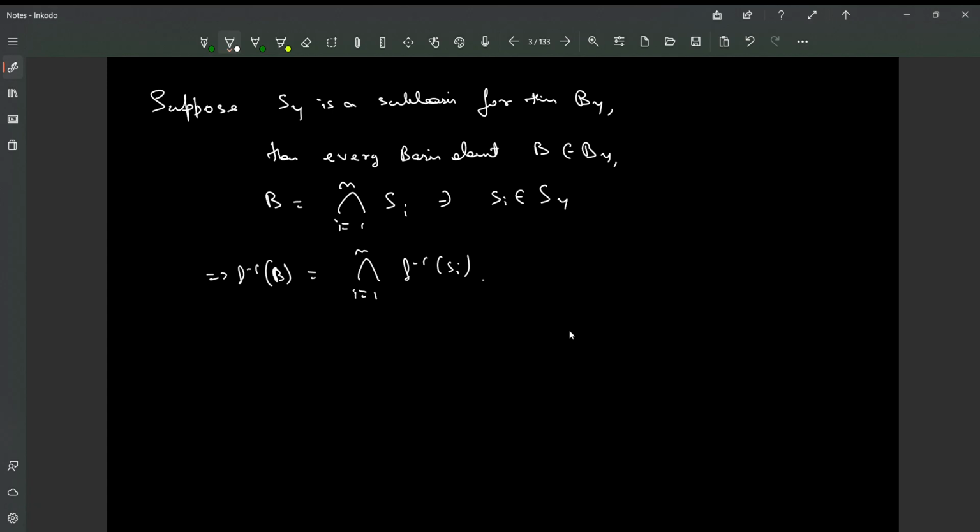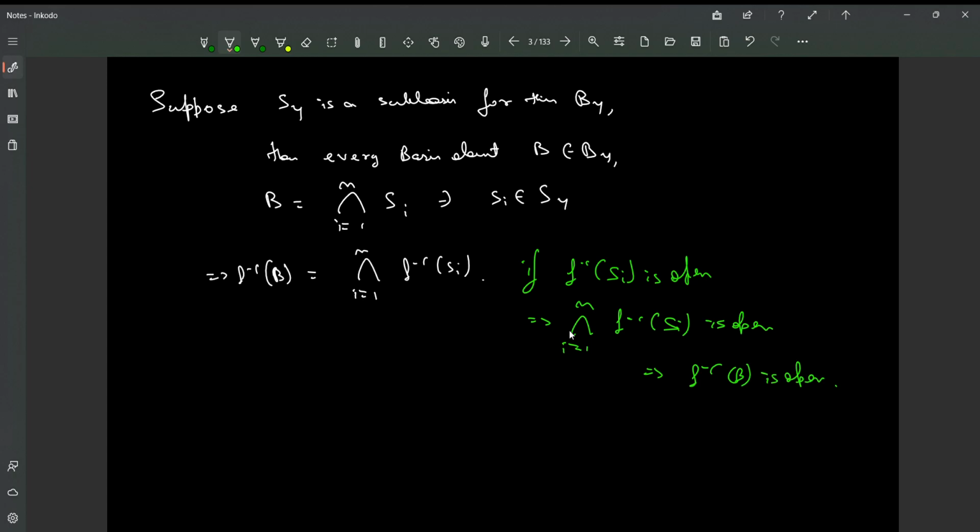Now we know that a finite intersection of open sets is open. Therefore, if f inverse S_i is open, then the finite intersection of each of these f inverse S_i is also open. But that implies f inverse B is open.